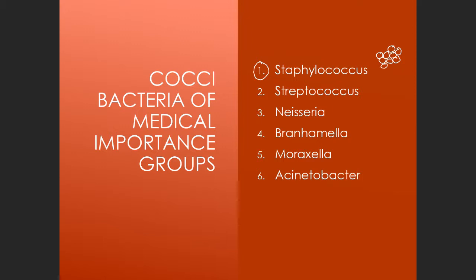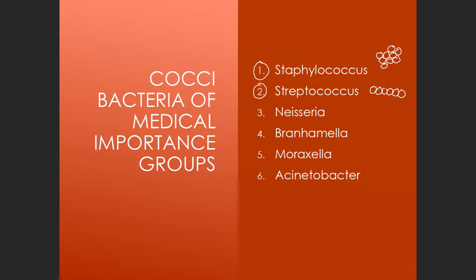So this is what we call the Staphylococcus bacteria. The second one is the Streptococcus bacteria. Strepto means chain, so it's round bacteria that arrange into a chain arrangement.